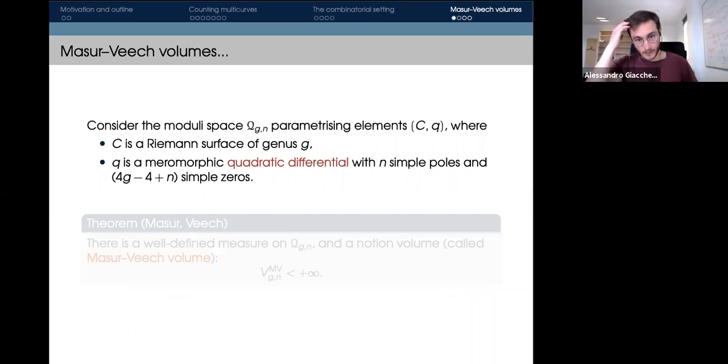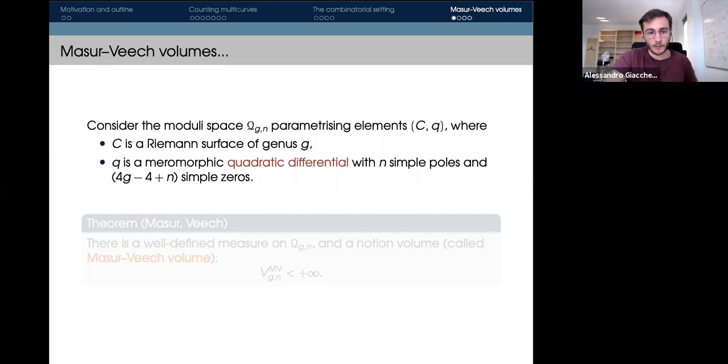So let me consider the moduli space of quadratic differentials. If I fix g and n, I want to consider this moduli space parameterizing Riemann surfaces of a fixed genus g, and meromorphic quadratic differentials with n simple poles and just simple zeros that are forced to be in this number here.